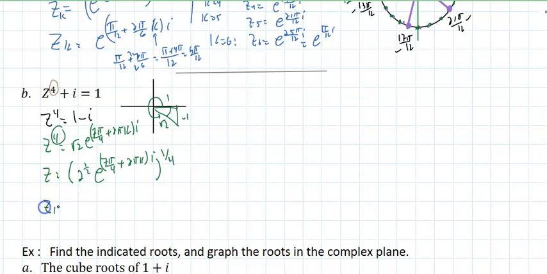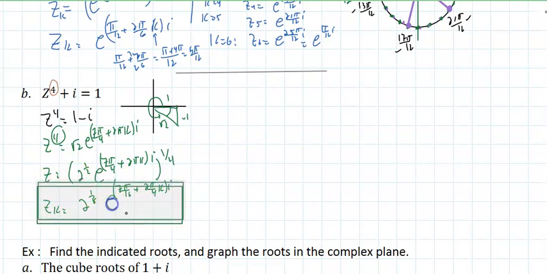And Z sub k will equal, if you multiply the powers, 2 to the 1/8 e to the 7 pi over 16 plus 2 pi over 4 k i. So very important to find the general solution.